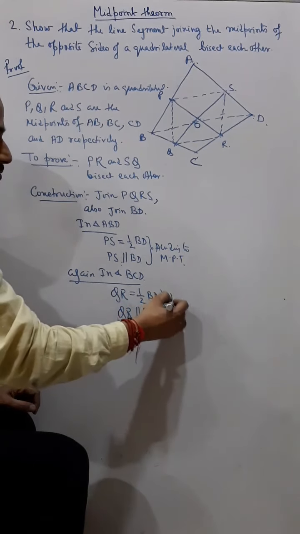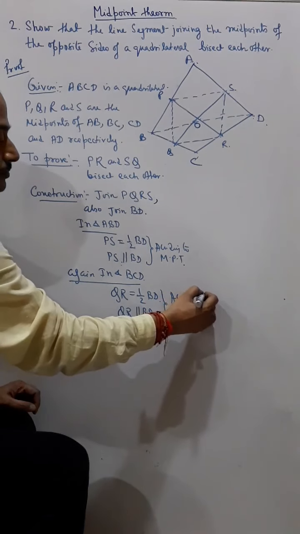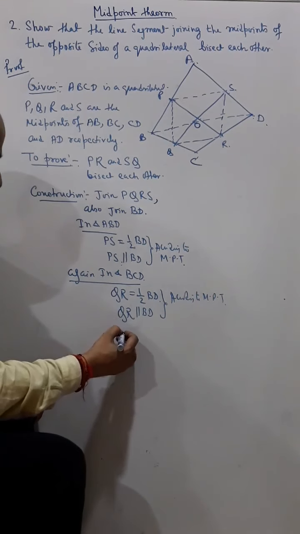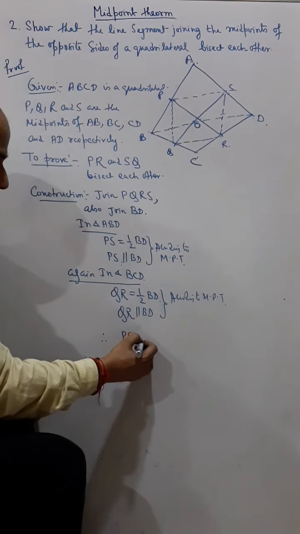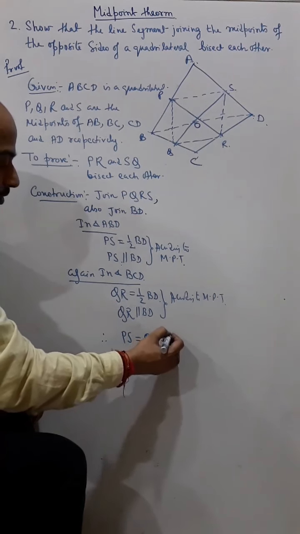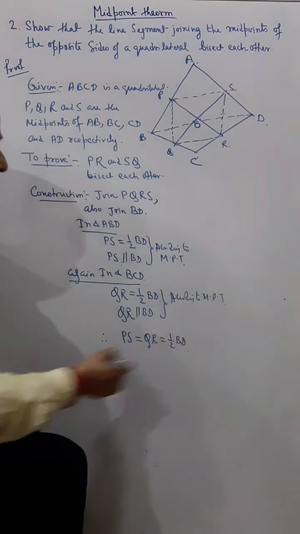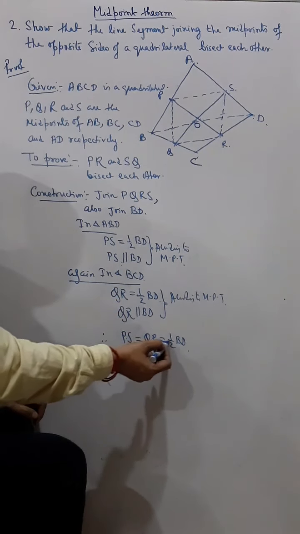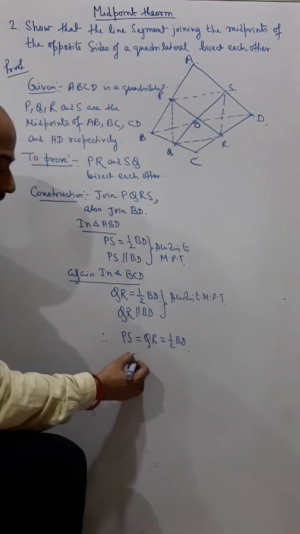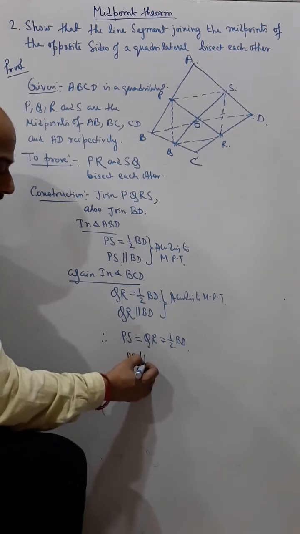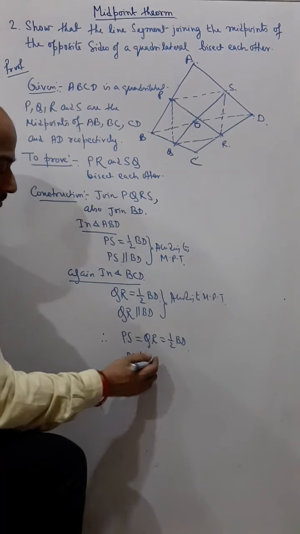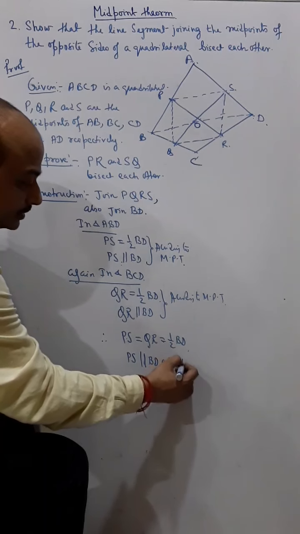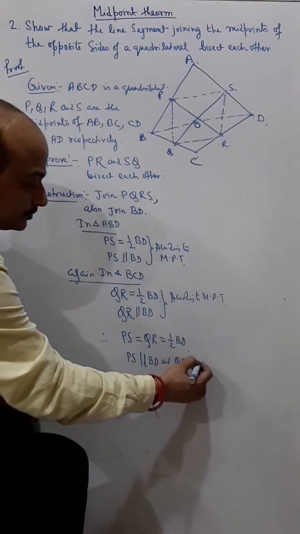So that's the same according to midpoint theorem. So finally what we can say? We can say that PS equals QR, because both are equal to half of BD, right? PS equals half of BD, QR is half of BD, therefore PS equals QR equals half of BD. And we can also say that PS is parallel to BD and QR is also parallel to BD.